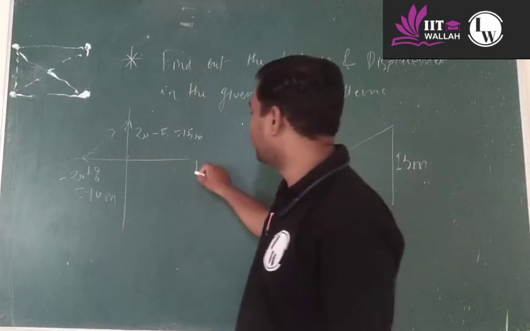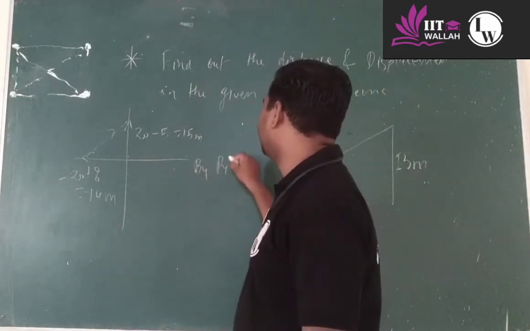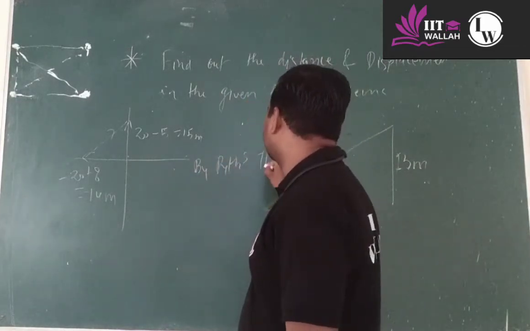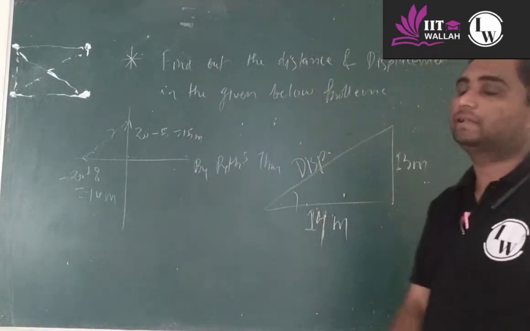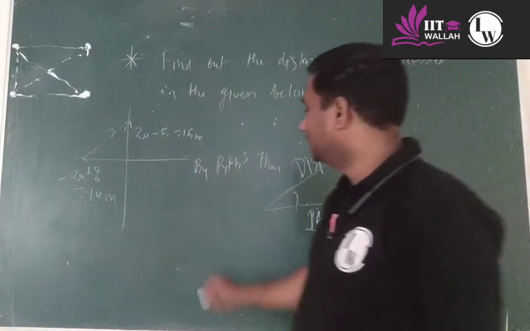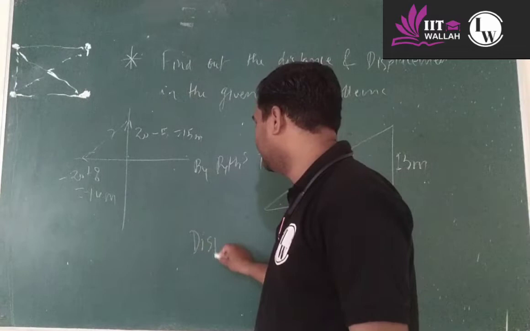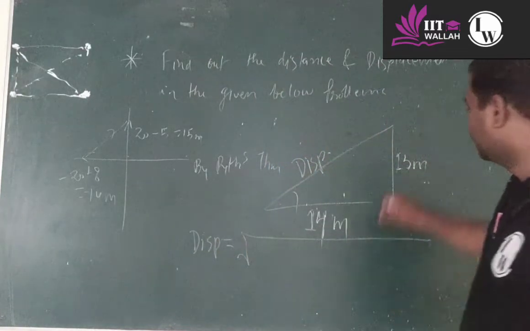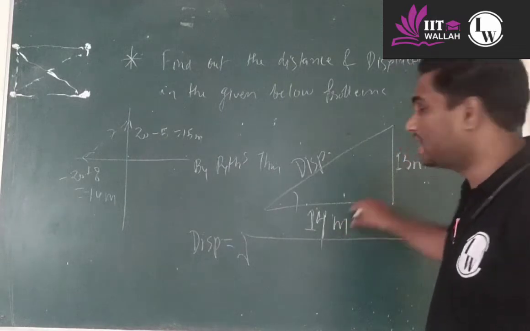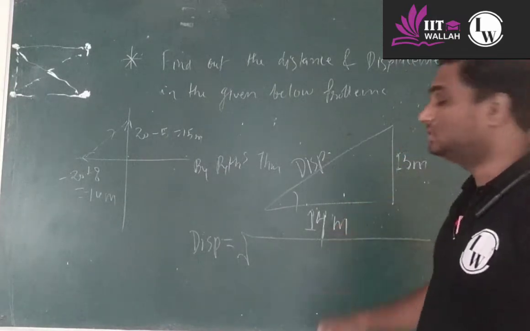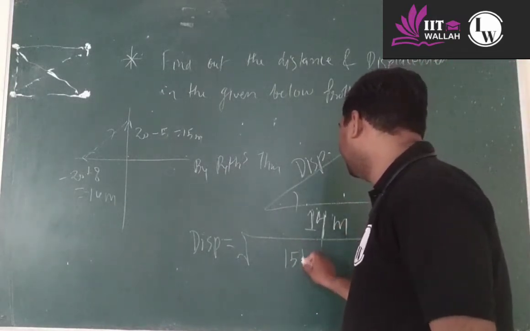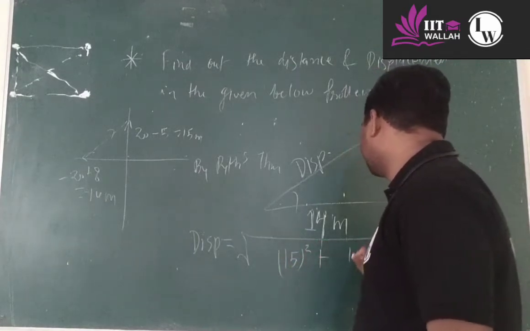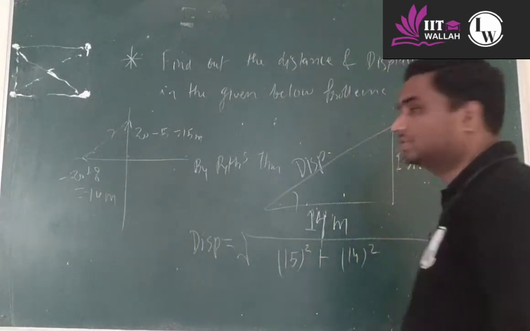So by Pythagoras theorem, displacement is equal to under root of this square plus this square. So 15 square plus 14 square.